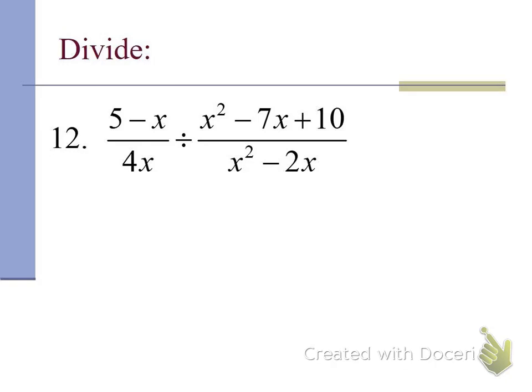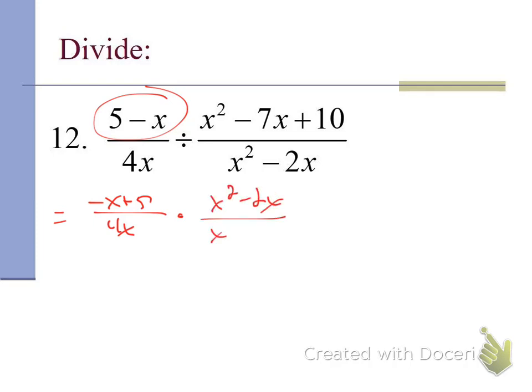Again, flip the second fraction and just the second fraction, because that's what we're dividing by. Factor and divide out your common factors. This guy I'm going to rewrite in standard form, times, flipping this over. Factor now.